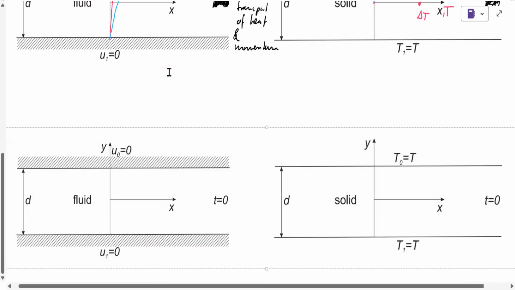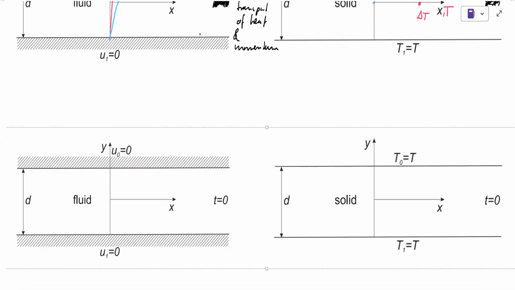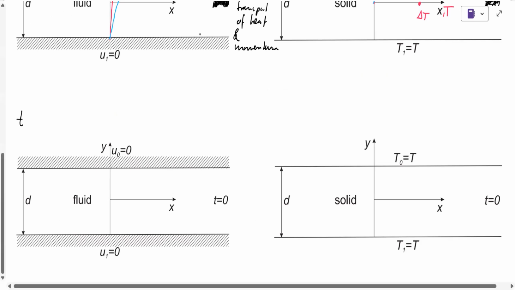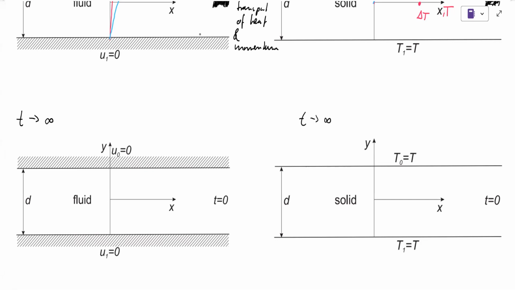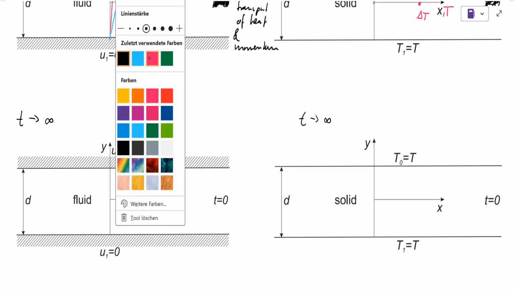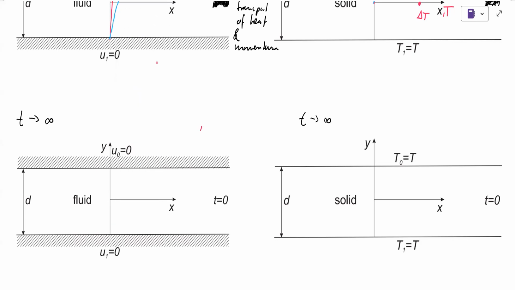Okay, so what will happen if the time goes to infinity? Then we see on the upper plate a velocity which is still capital U, and we see a linear behavior.